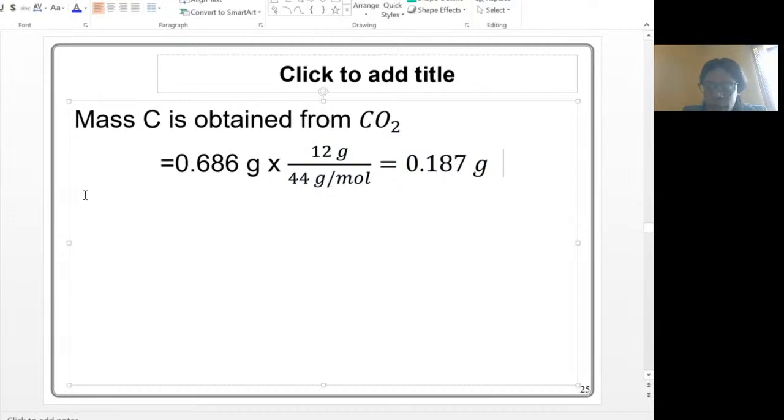So what this means is in 0.686 grams, there is 0.187 grams of what? Of carbon. It means we have now determined the mass of carbon in this carbon dioxide.